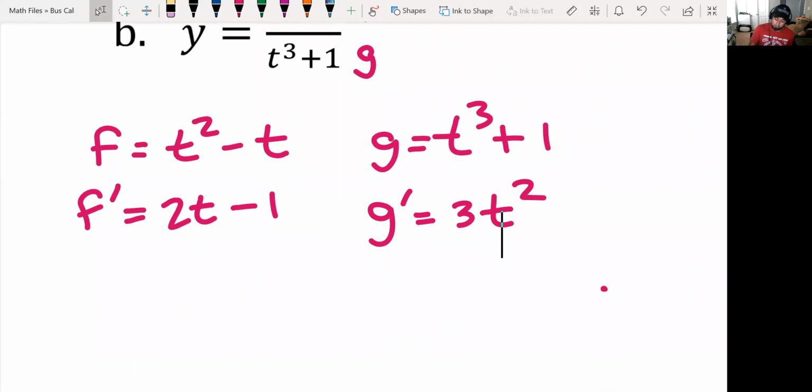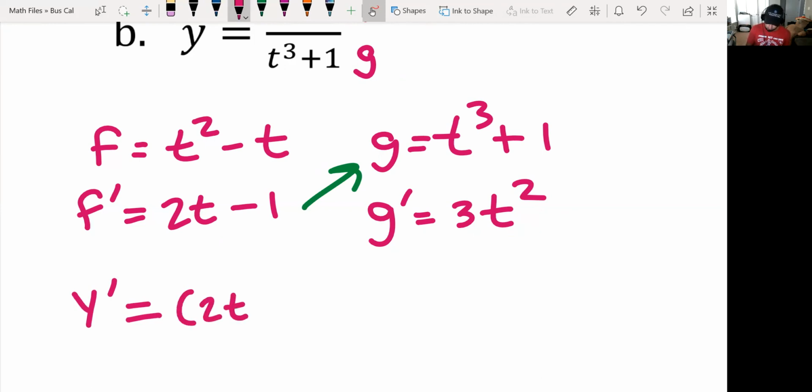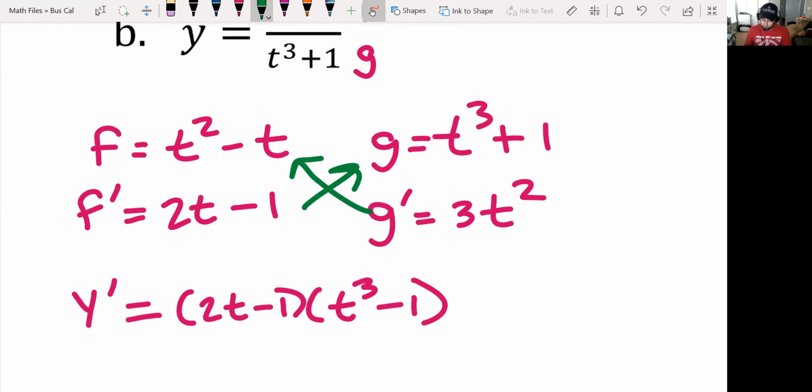We are taking the derivative of y. So we'll start with y prime and follow your formula. F prime g, very important to put parentheses on these. And g prime f.